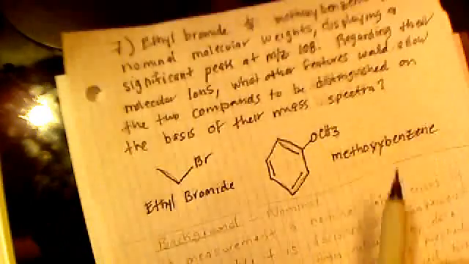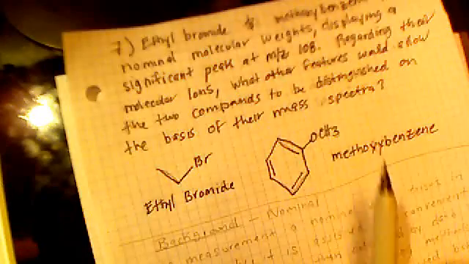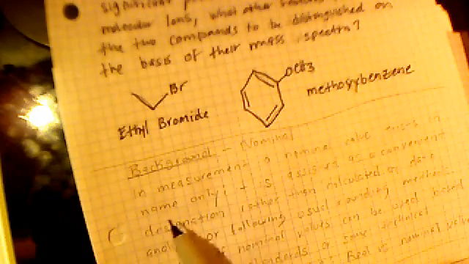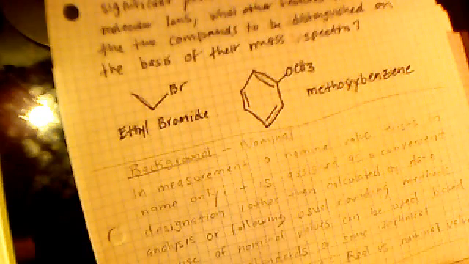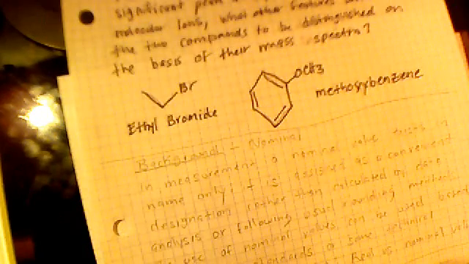I didn't understand what they meant by nominal molecular weight. So I went to Wikipedia, the real versus nominal value, and it says in measurement, a nominal value exists in name only. It is assigned as a convenient designation other than calculated by data analysis or following usual rounding methods.